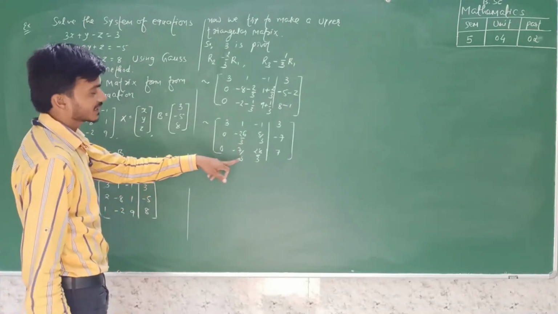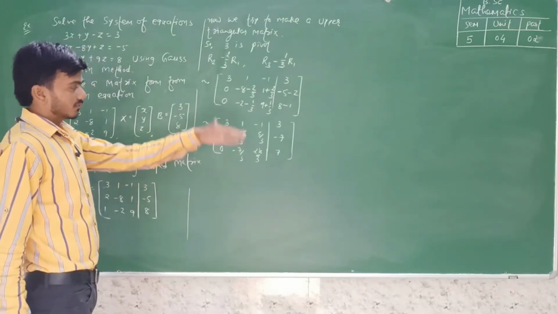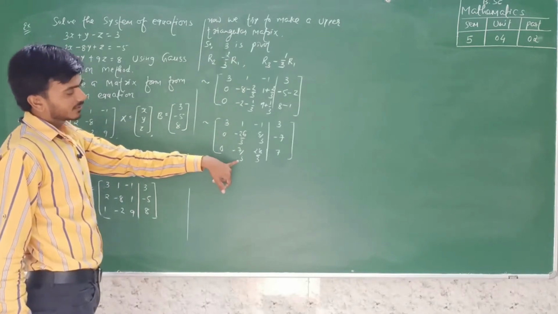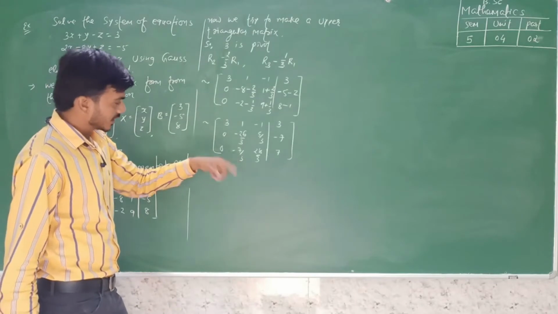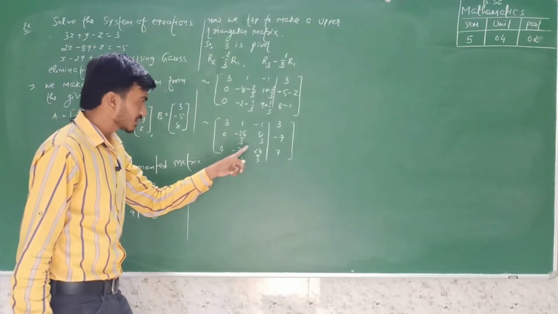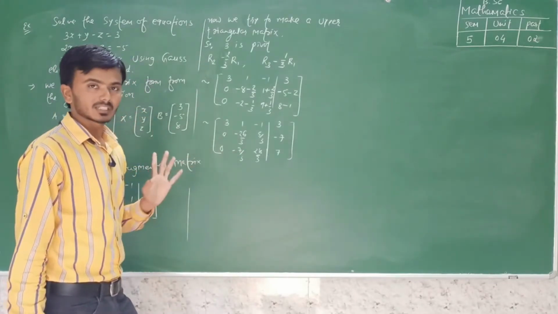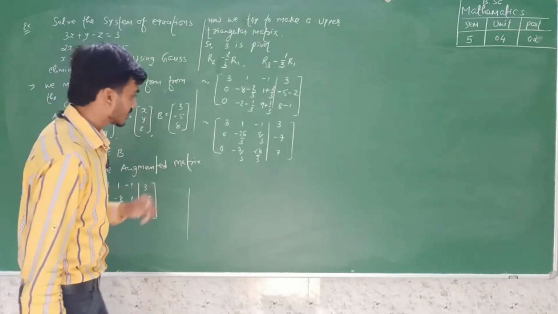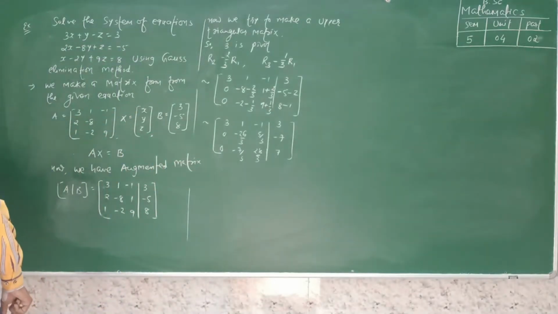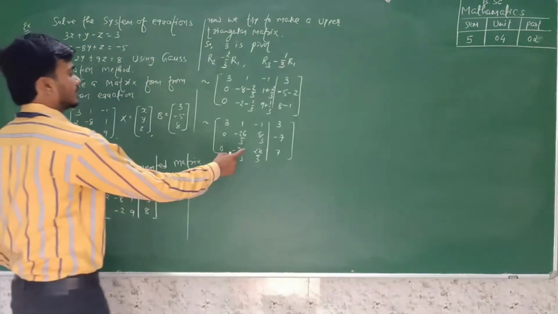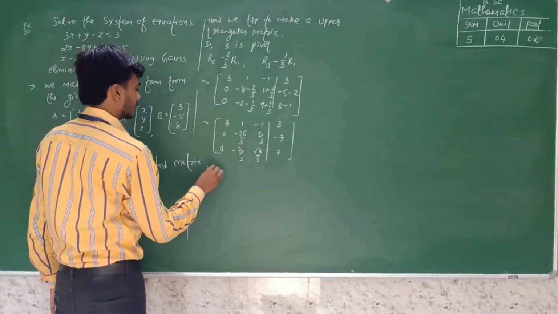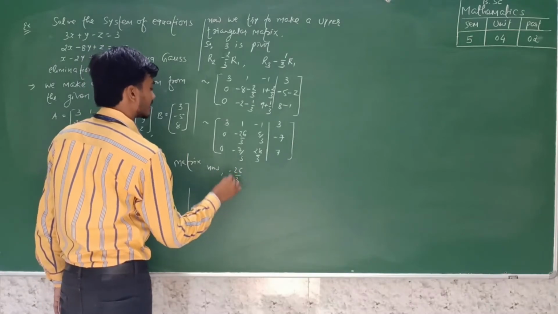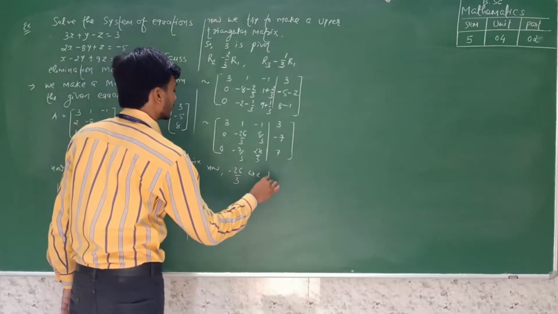So here minus 7 by 3 there. Minus 7 by 3 elements are there. In this element plus 7 by 3 is added, so these elements can be 0. So plus 7 by 3 value is added into the third row. So now minus 26 upon 3 and 5.